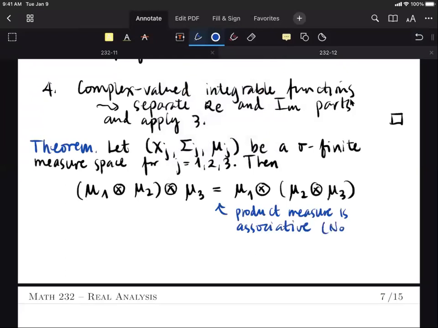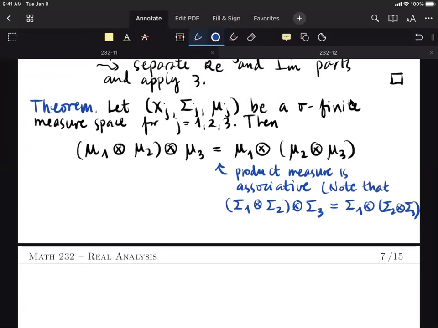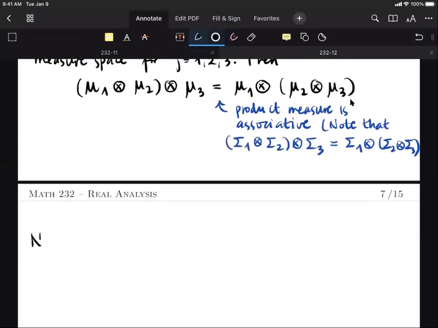I would like to point out here that the product sigma algebra is associative, as we have discussed previously. In particular, we would like to note that this notation is unambiguous.